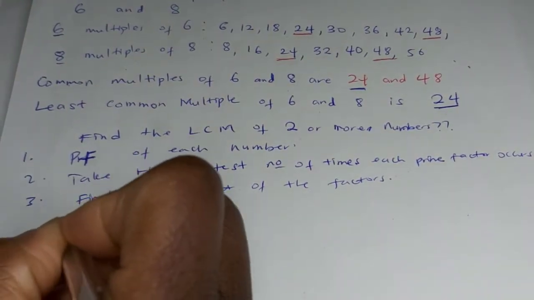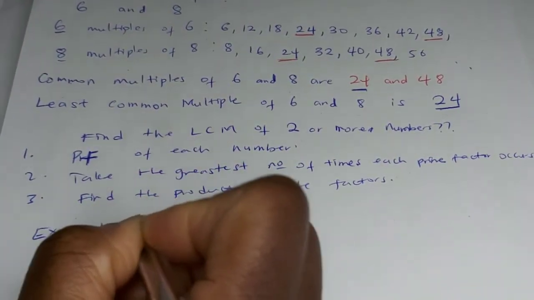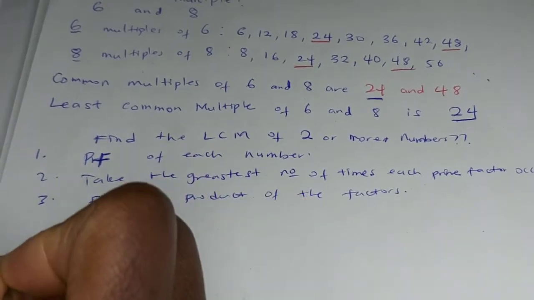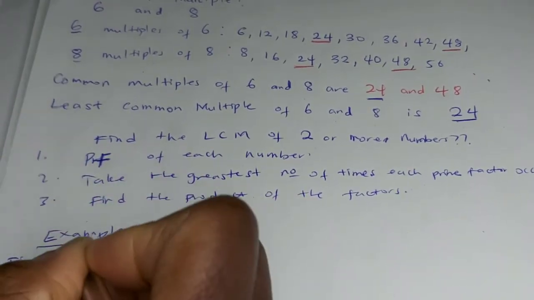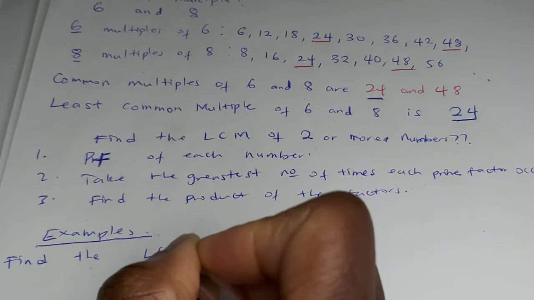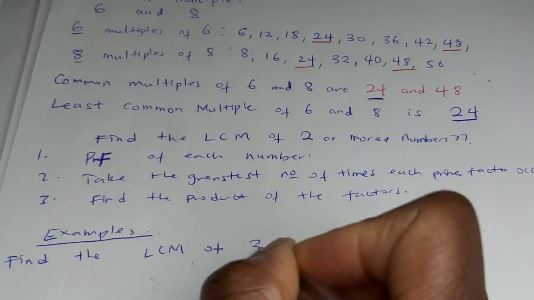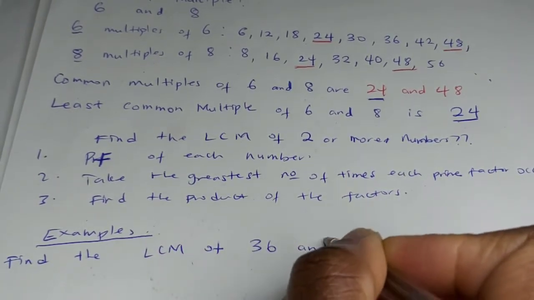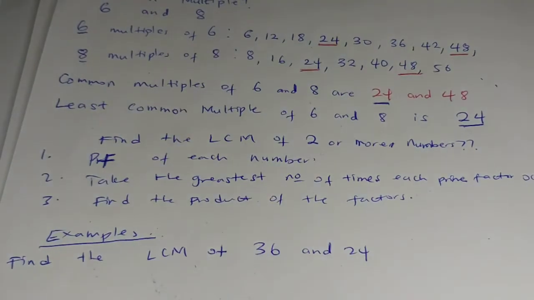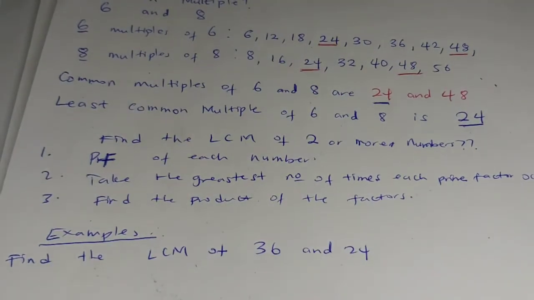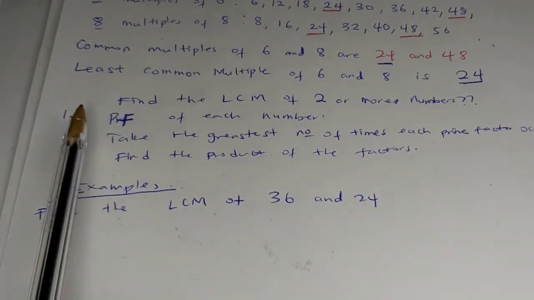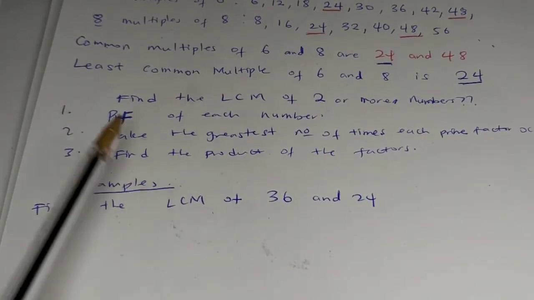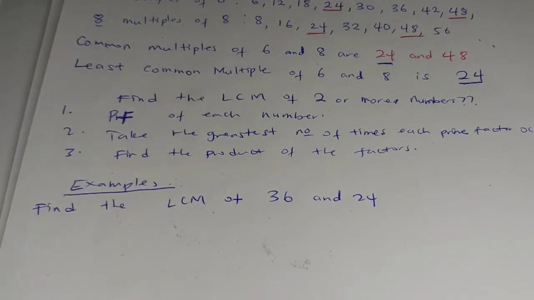So, example: find the LCM of 36 and 24. First of all, you should find the prime factorization of each number.